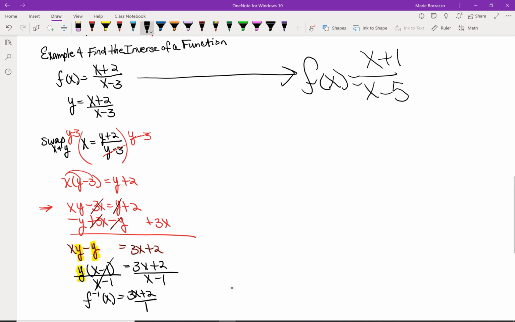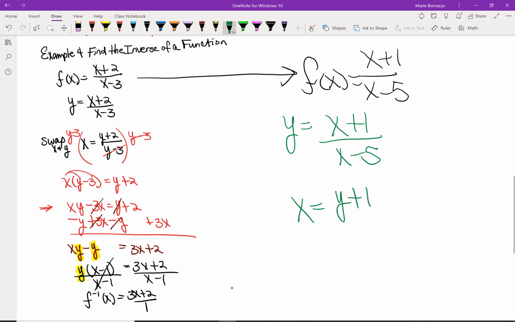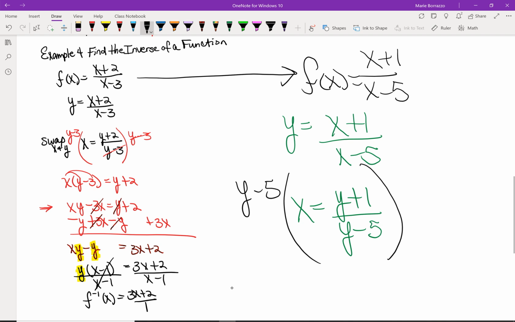Okay, and our solution for this one, again, we begin with changing f of x to y. So y equals x plus 1 over x minus 5. Now we swap so that x equals y plus 1 over y minus 5. Now we want to multiply both sides by y minus 5. It cancels on this side.